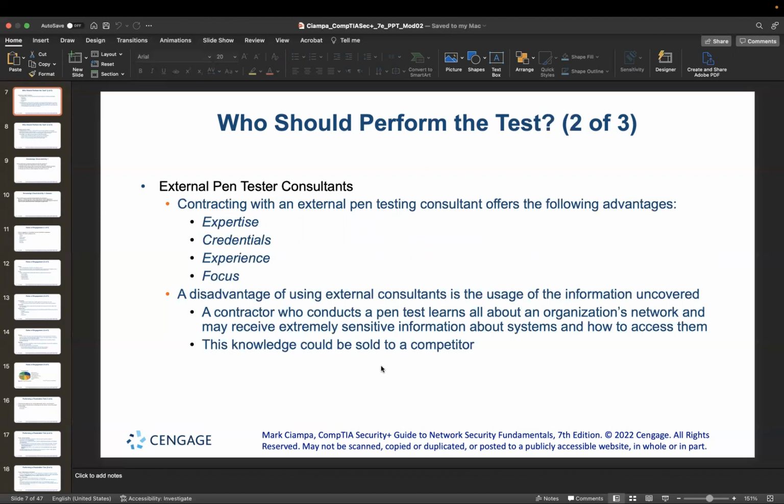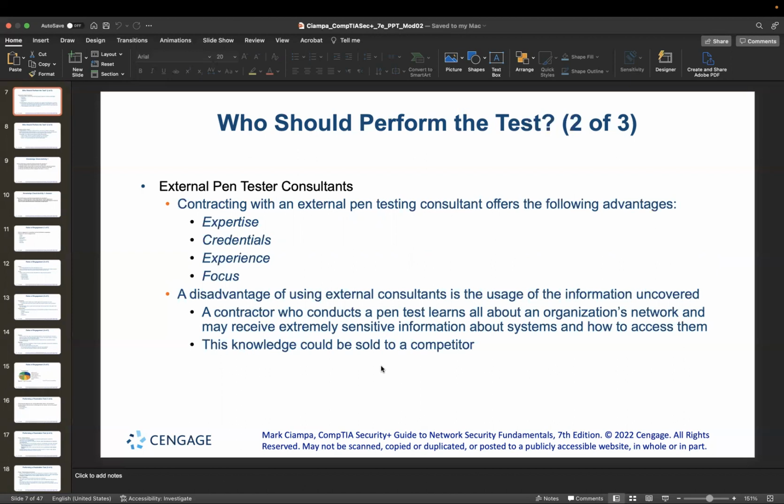So when it comes to external pen testers, usually you get good advantages. These guys have the expertise, because when you want to pen test, let's say, a set of Linux servers, you go to a vendor which is specialized in that area.